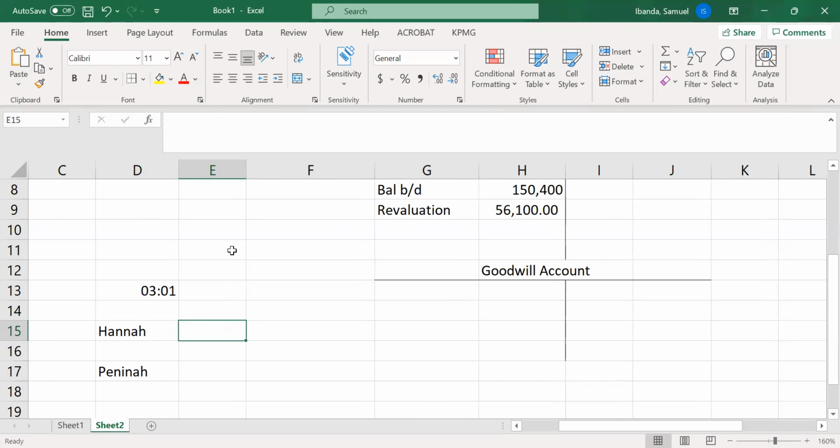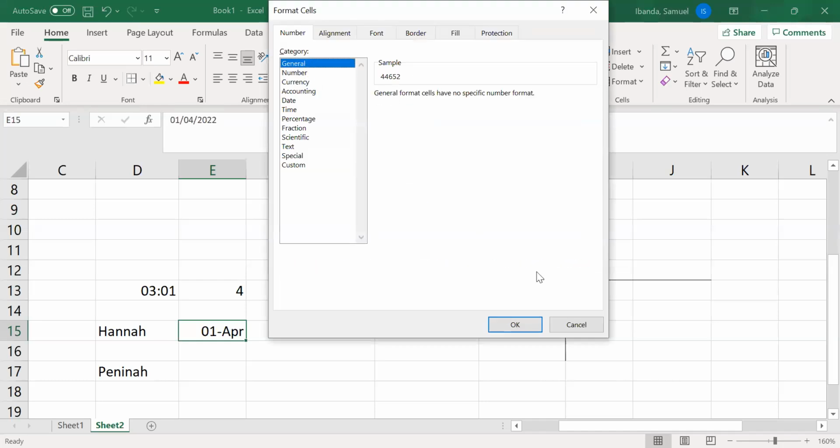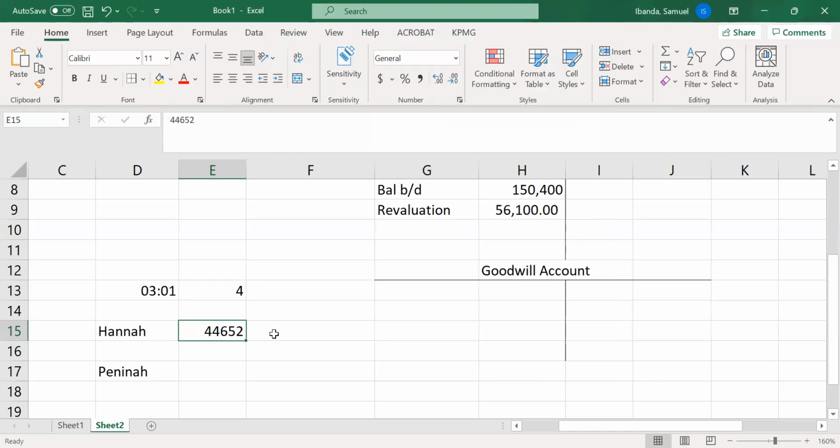So we have the total ratio is 4. So this one is basically 1 divided by 4. Let me just try to change it into a number. This should be general: 1 divided by 4.